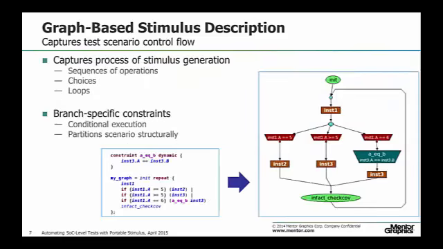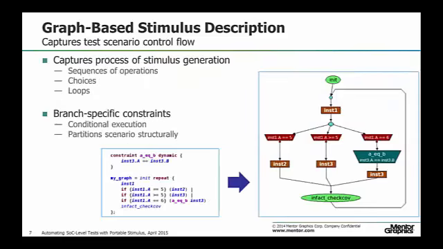But there's also the control flow aspect, where you need things like definition of sequences of operations, choices or selection, repeat loops, etc. So there are a few basic operators that allow you to model the control flow easily. On this diagram to the right, you also see another interesting construct that is extremely powerful, called a branch-specific or conditional constraint.